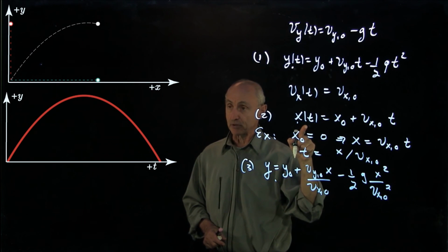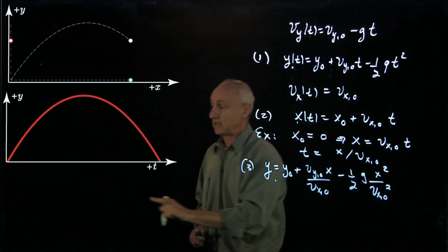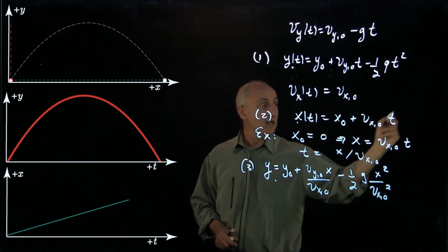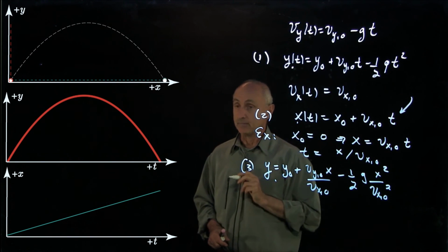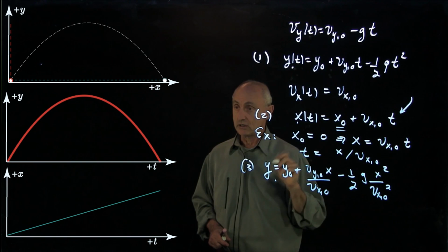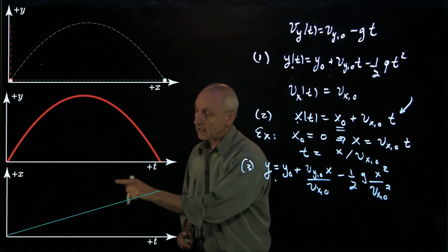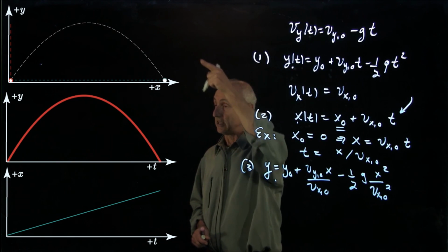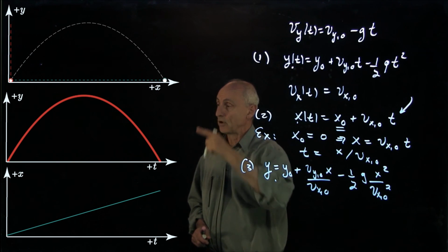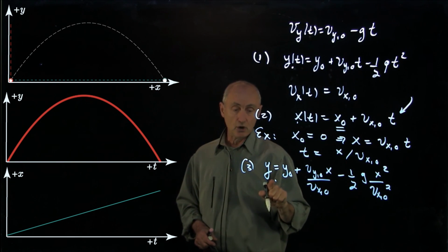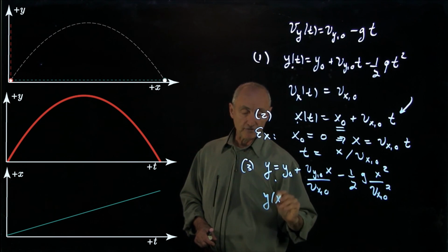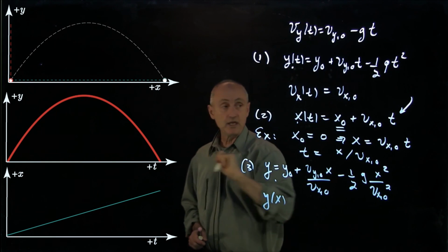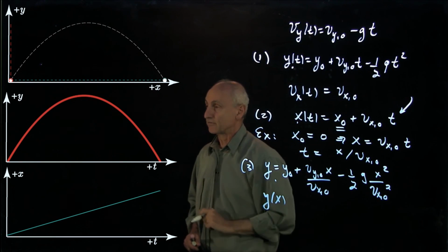Let's plot that separately, x as a function of t. And when we make that plot, you can see that this is just a linear equation in time where there's some initial condition, x0. And so that's the plot of x as a function of t. And so we see three separate representations of this motion: y as a function of x, y as a function of t, and x as a function of t.